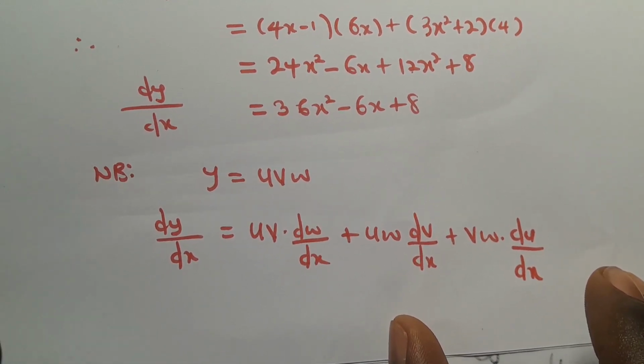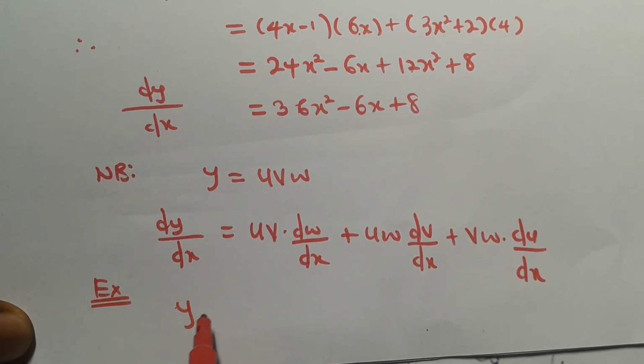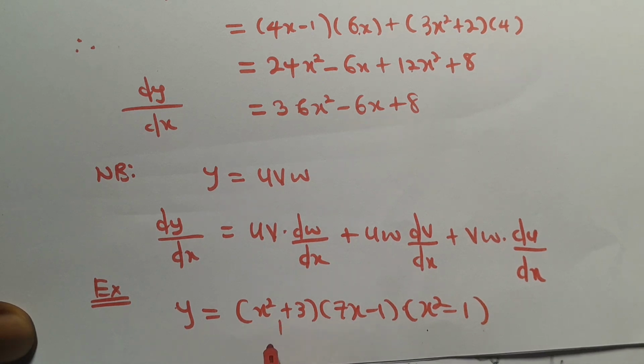In a situation whereby you have three functions, let's see an example. When we have y equals x squared plus 3 multiplied by 7x minus 1 multiplied by x squared minus 1, the first one equals u, the second one equals phi, the third one equals w.